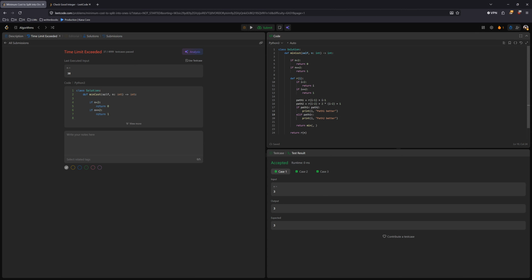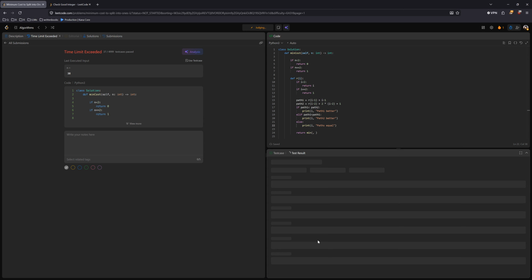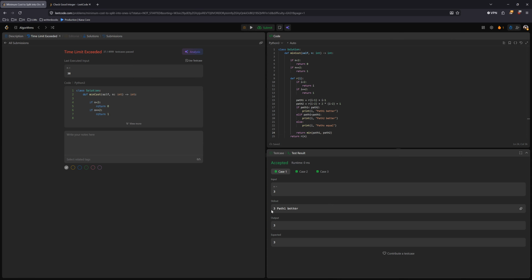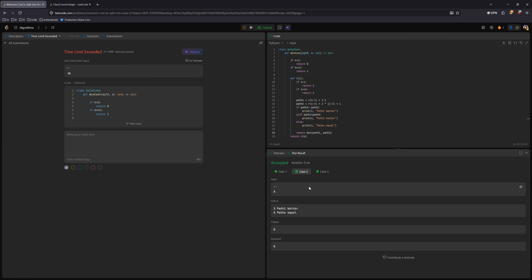Elif path 2 is less than path 1, else, let's take a look. Return min of path 1, comma, path 2. Path 1 better. Paths equal.